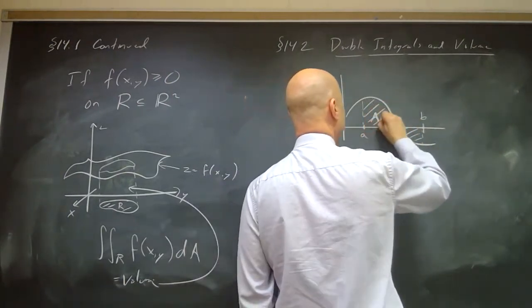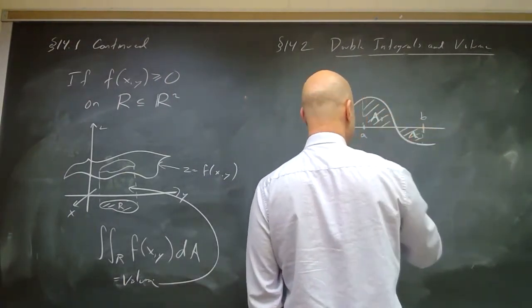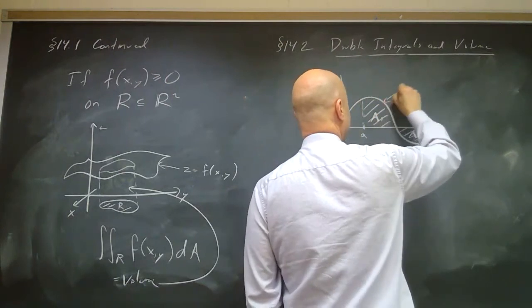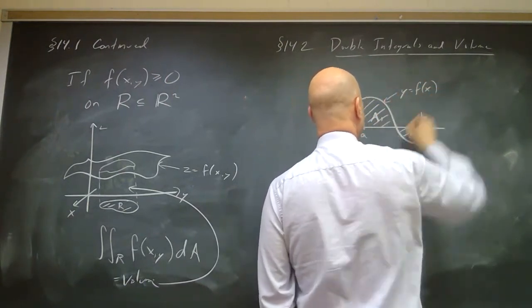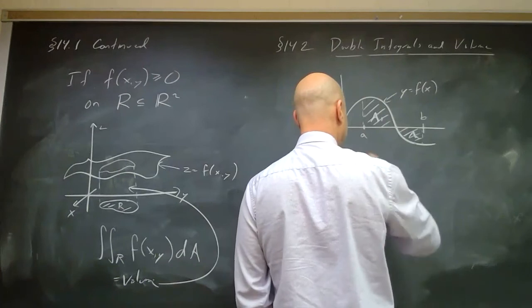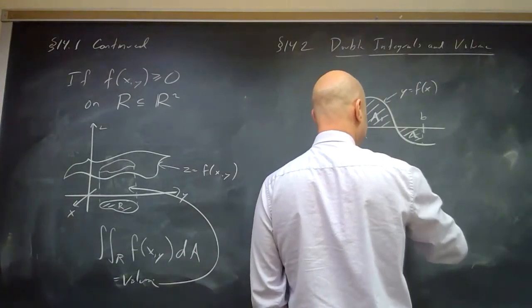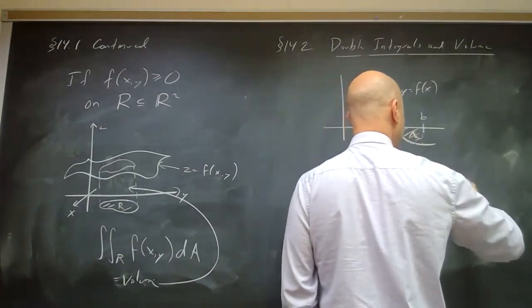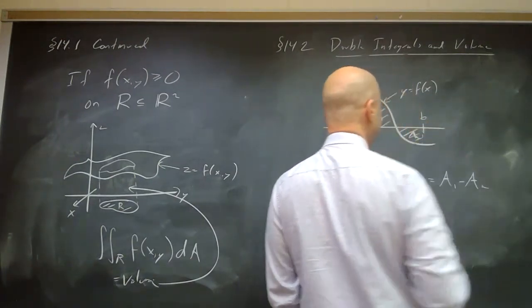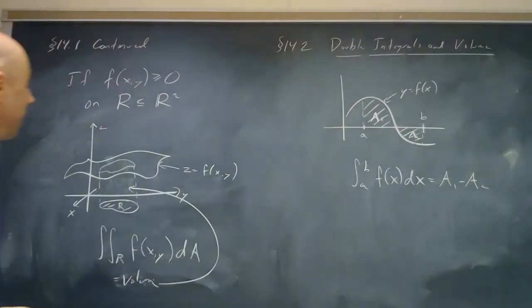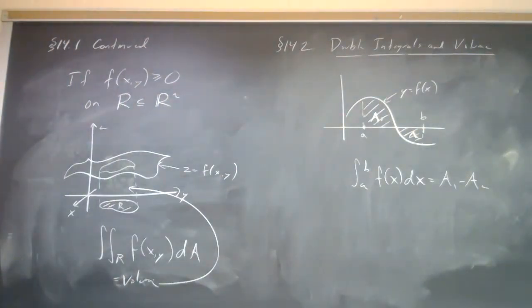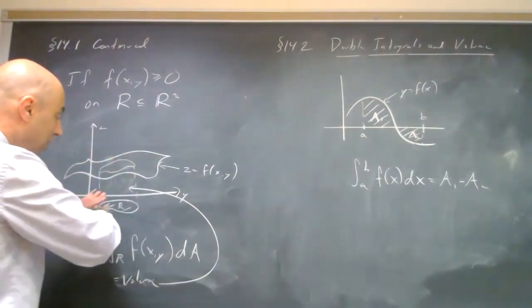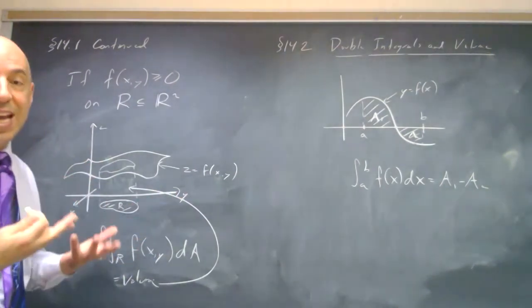So if this is A1 and this is A2, and this curve is y equals f of x, then the integral from A to B of f of x dx is the area of A1 minus the area of A2. Anything below the x-axis counts as negative area. And it works the same over here. Anything below sea level counts as negative volume.